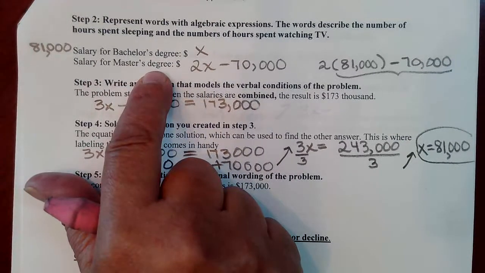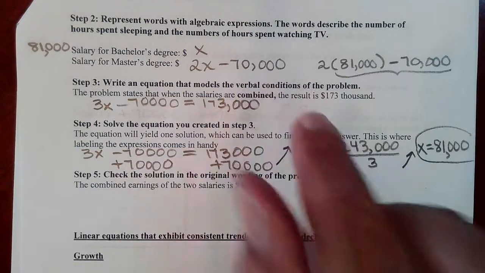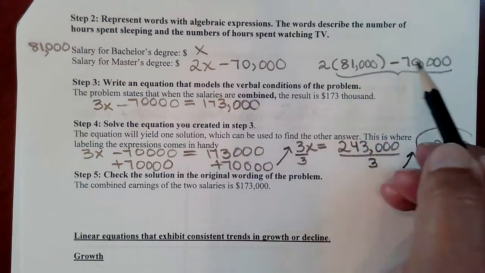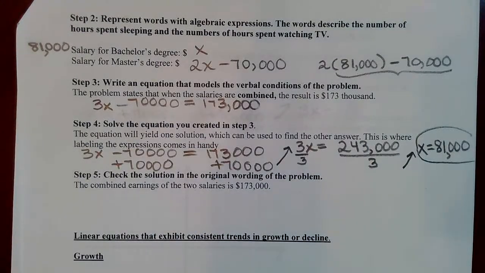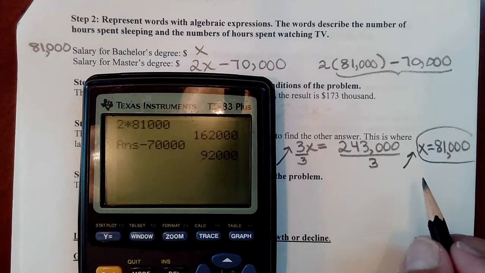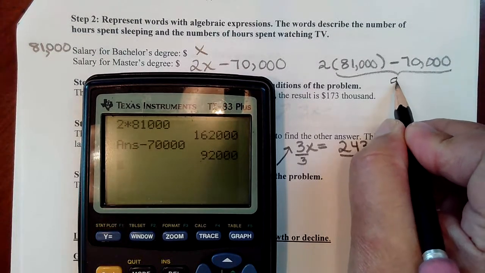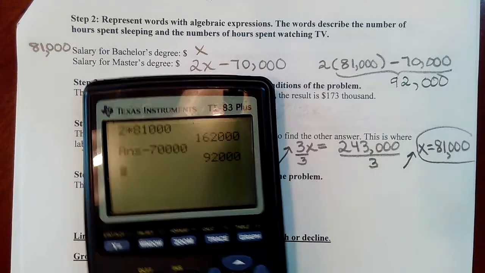So the master's degree is twice that amount and then 70,000 less. So 2 times 81,000 minus 70,000, you can put that in your calculator. So that would be 2 times 81,000. Take away 70,000 from that, and you get 92,000. And that would be the master's salary.